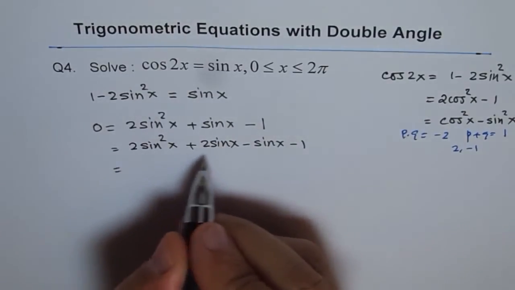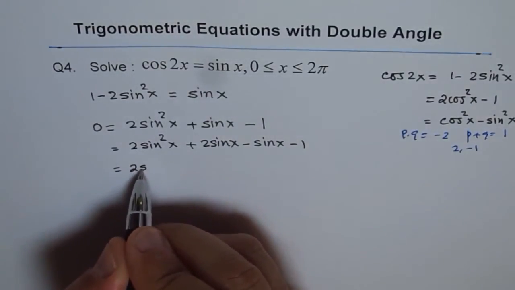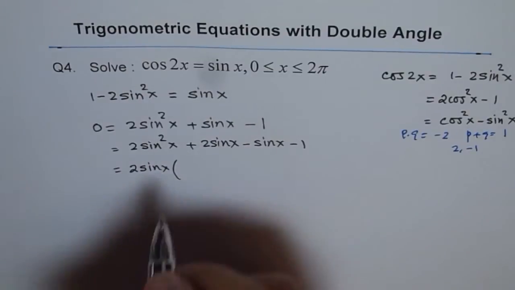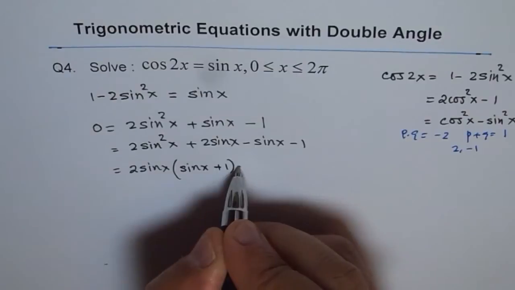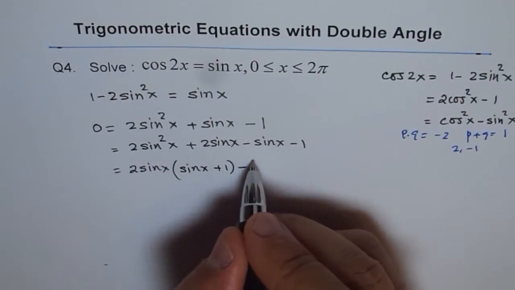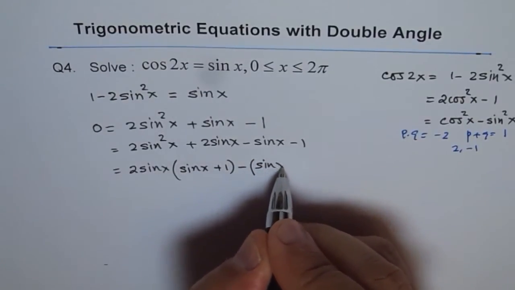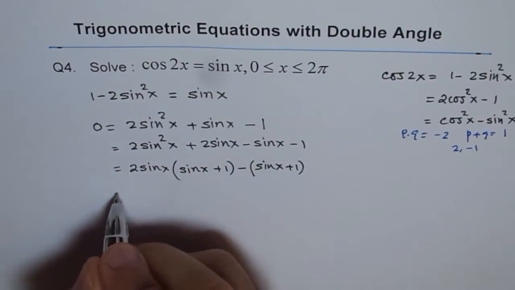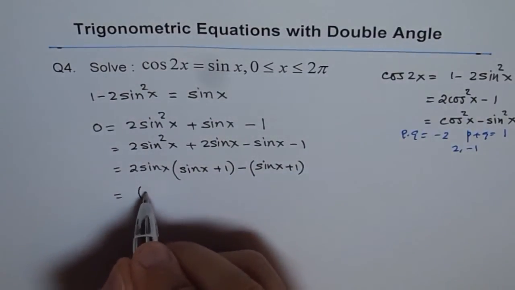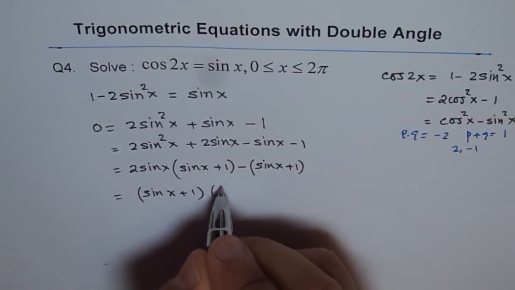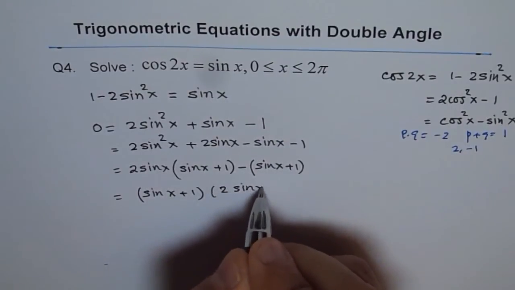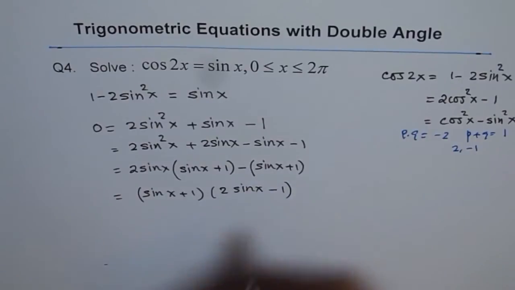And now we can factor 2 sin x. So we get 2 sin x, and here we get sin x plus 1. We can take minus common and we get sin x plus 1. Now sin x plus 1 is common, so we can factor that out and we get 2 sin x minus 1.